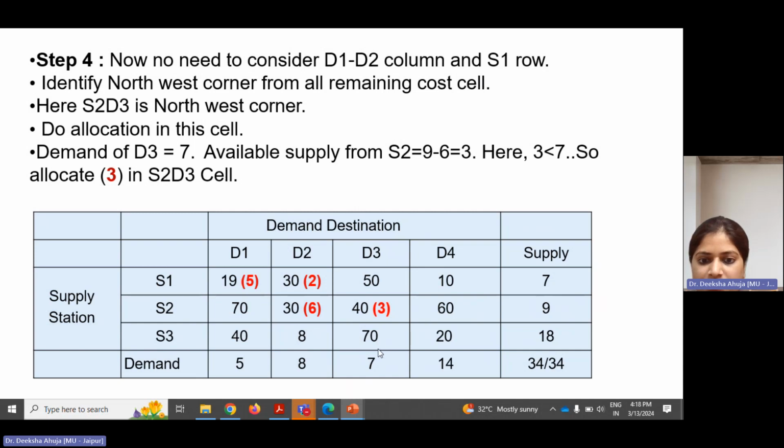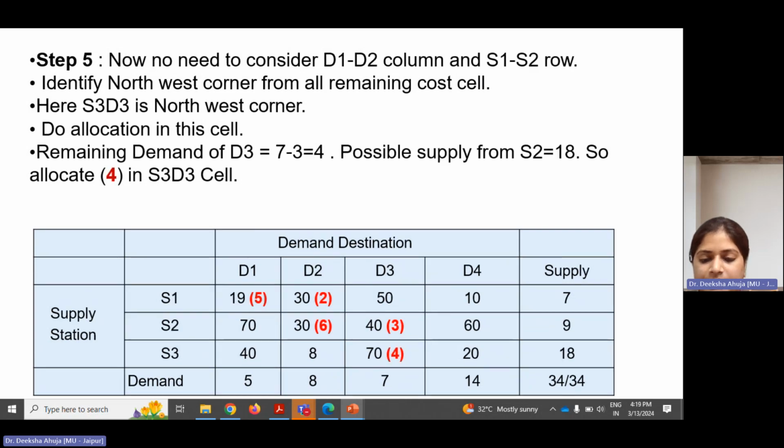Because this is also the northwest corner, we can allocate the 4 demand at D3, S3. Now our supply is 0 here, and here is also 0, since 4 and 3 make 7.